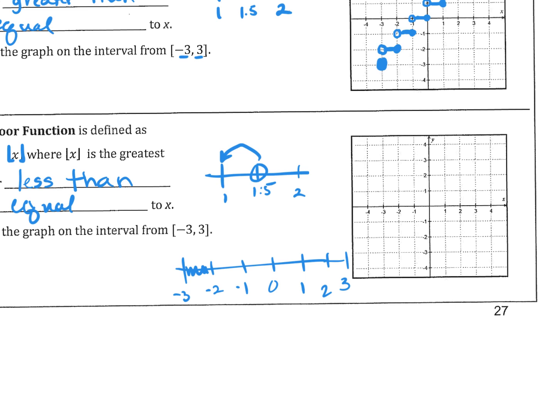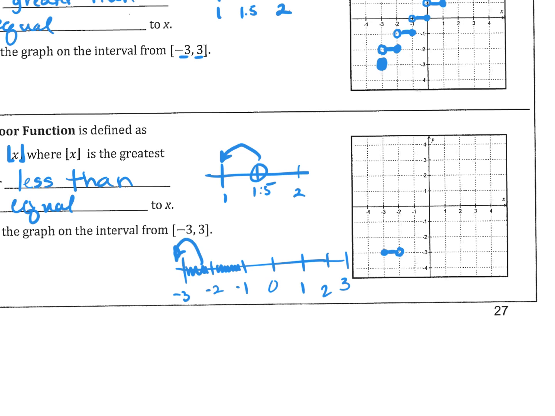All right, guys. So what happens to everything between -3 and -2 if it's a floor function? Jumps down. It bottoms down to where? -3. So all of this goes to -3 until we get to -2. At -3, it is indeed -3, and everything here until we get to -2.